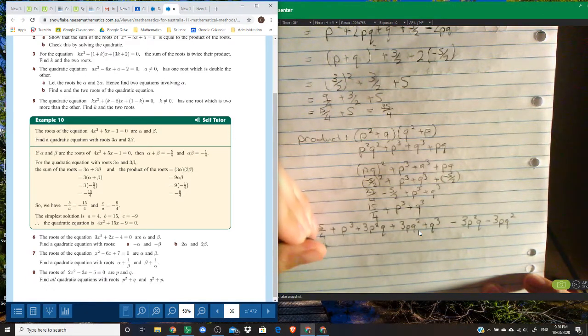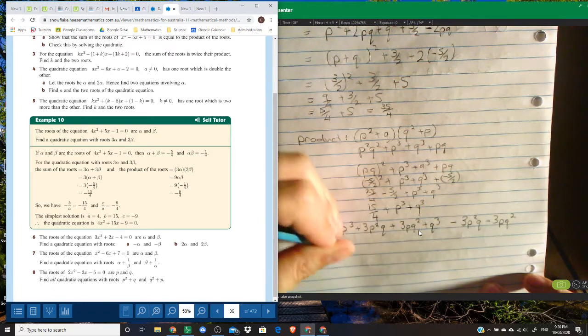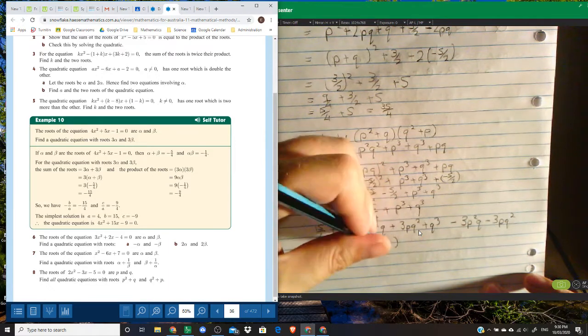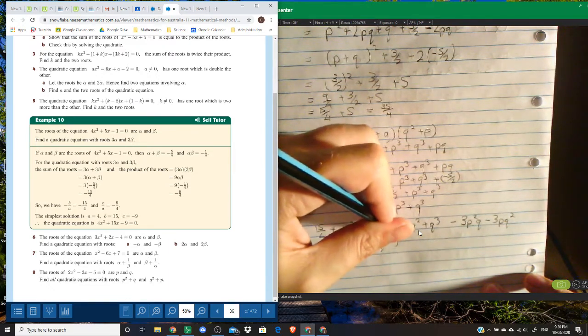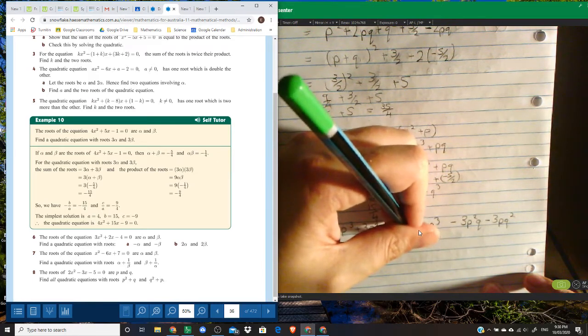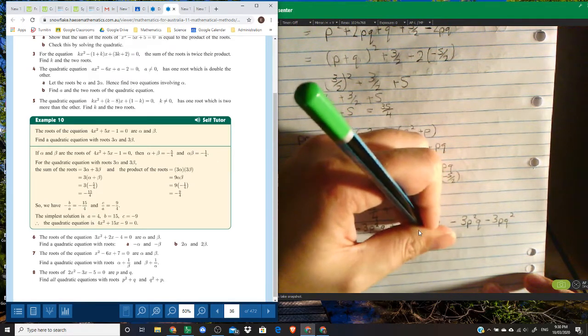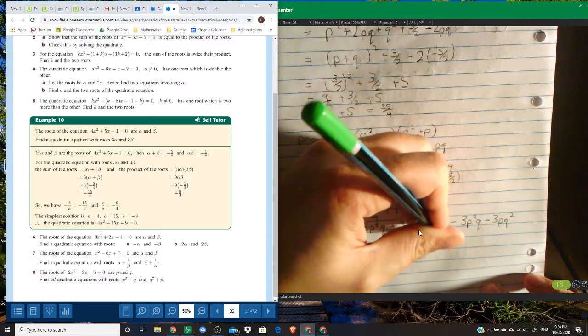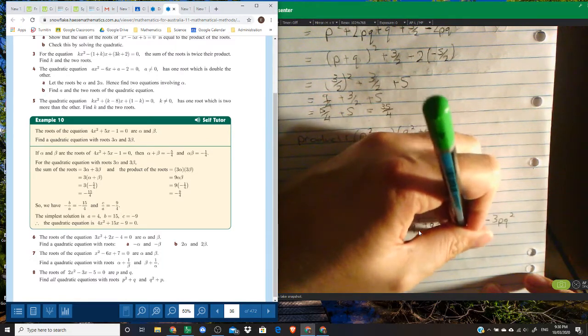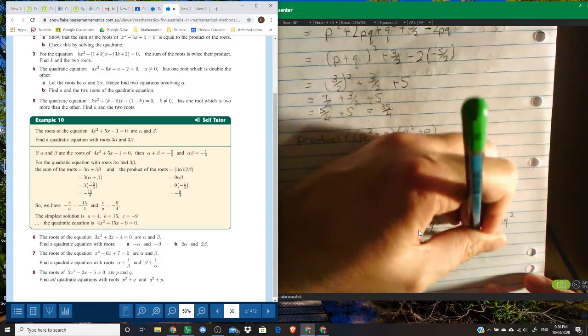Well, let's get on with it. So all this part then factorizes to P plus Q to the power of 3. Then we have minus 3. I'm actually going to take a P out of that one. It becomes PQ, which I know what to do with. And then I have minus 3Q PQ.